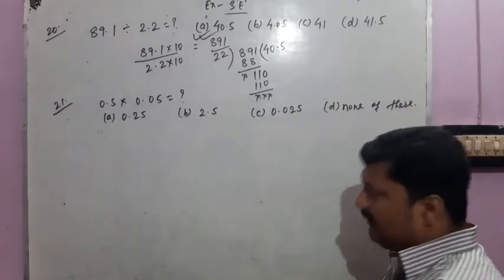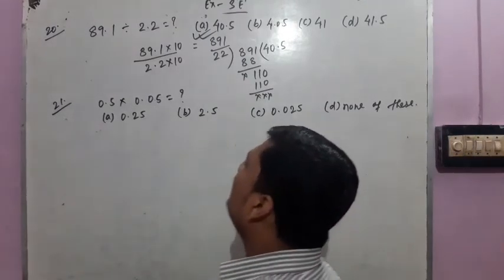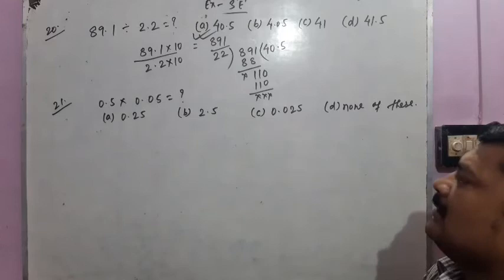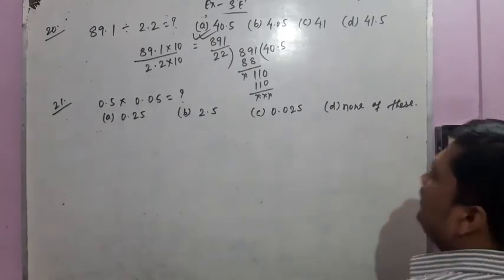Now the 4 options are given here, students. When 0.5 is multiplied with 0.05 is equal to what? And the options are here. 0.25, 2.5, 0.025 and none of these.